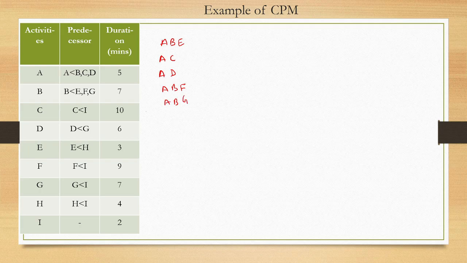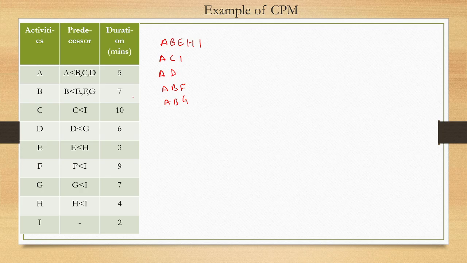Now where E is coming: EH, so ABEH, and where H is coming, I. So this is one path. Where C is coming: A, C, I. Where I is coming, no, that's the final activity.